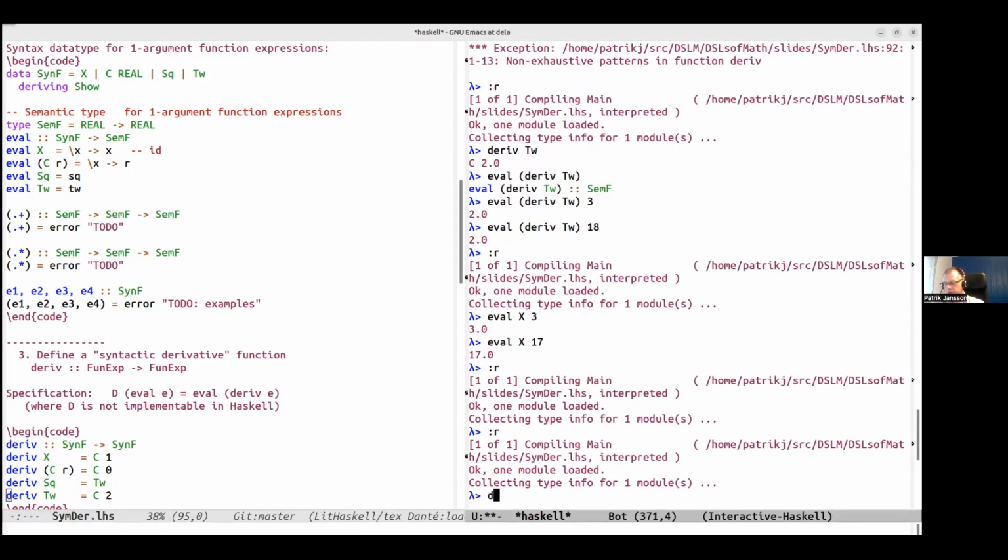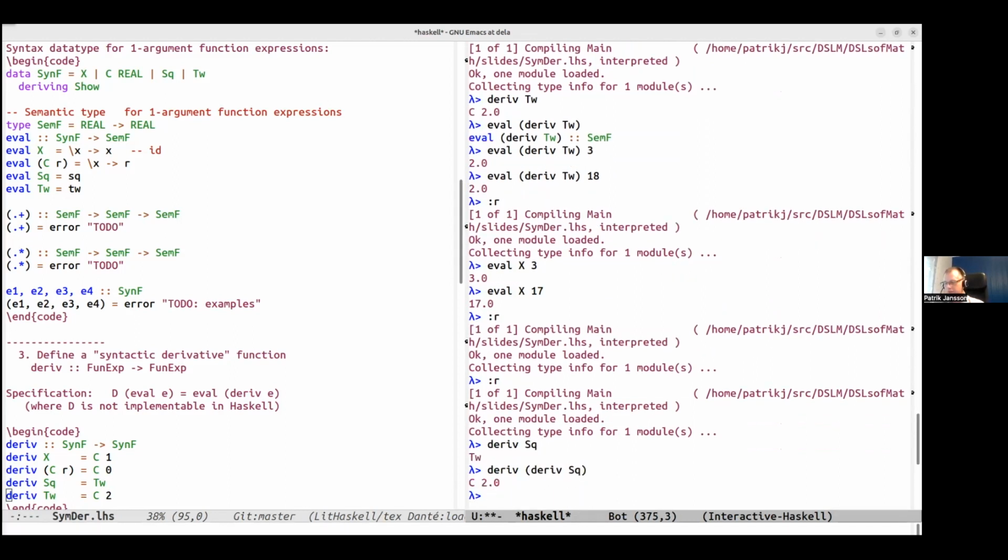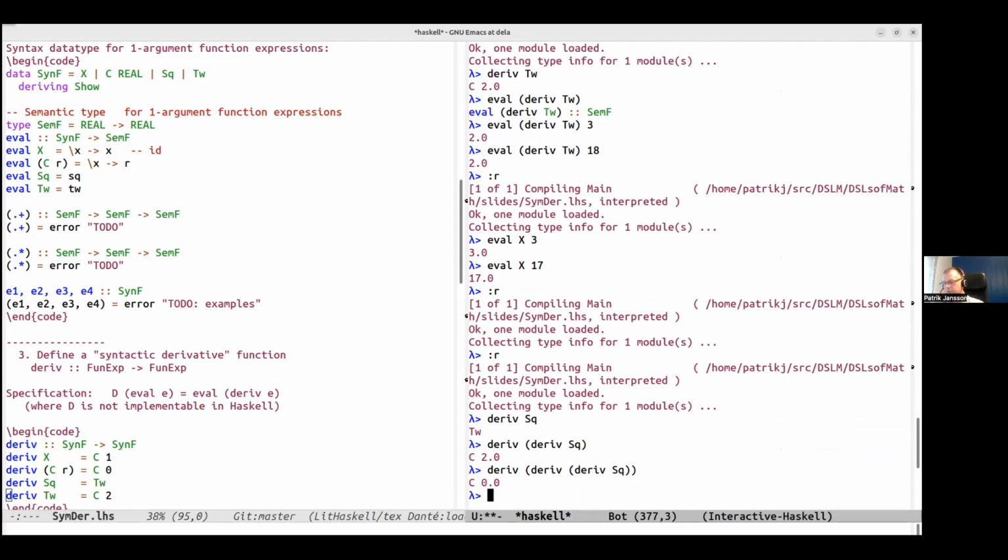Okay, so now we can compute the derivative of squaring. And we can even compute the third derivative of squaring, which is then constantly 0 everywhere. The first derivative is twice, the second derivative is constant 2, and the third derivative is 0.